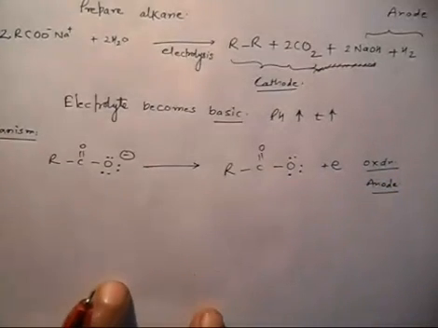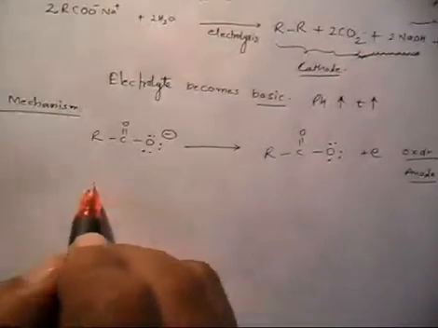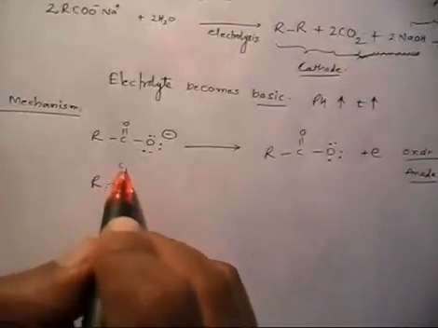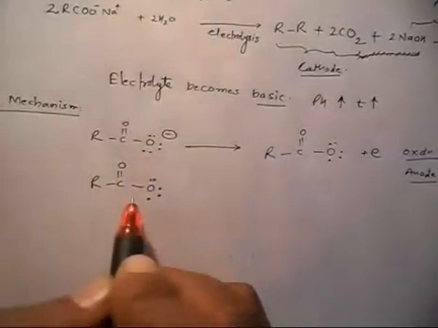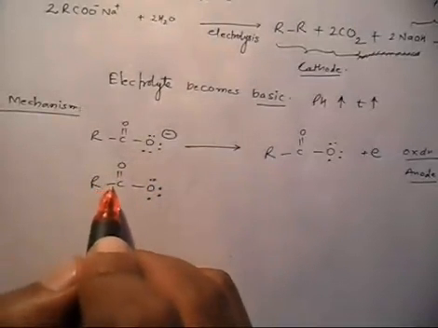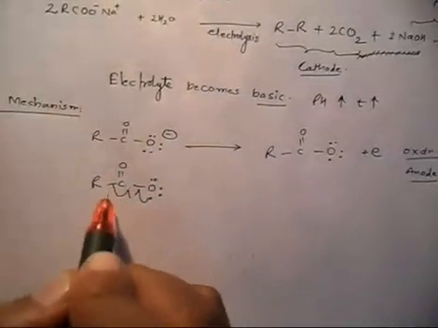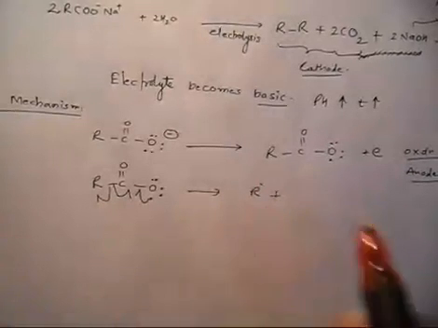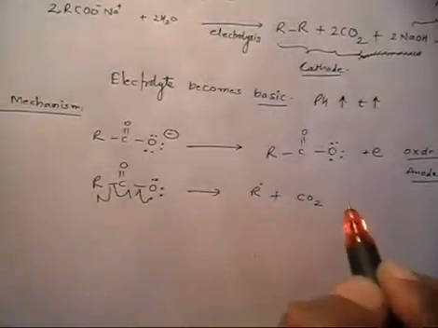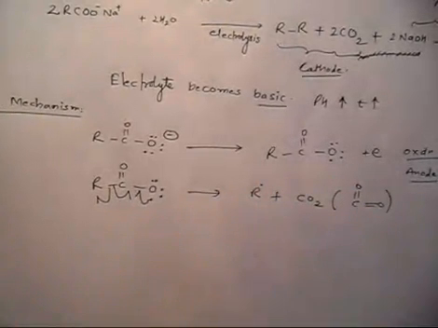So a radical is formed in the first case. In the next step, if I push this electron here and push this electron here, I will have R• plus CO2. CO2, you can see, its Lewis dot structure will look something like this.